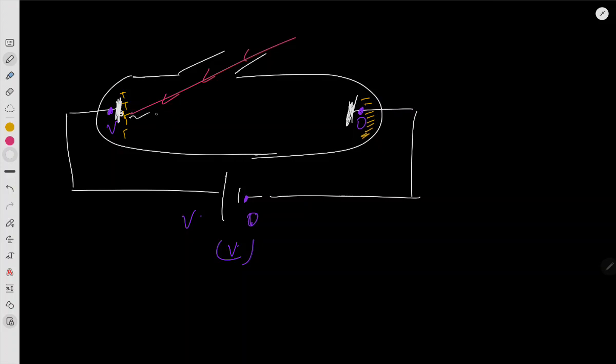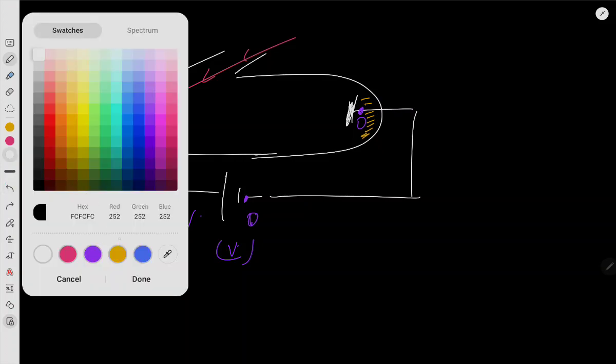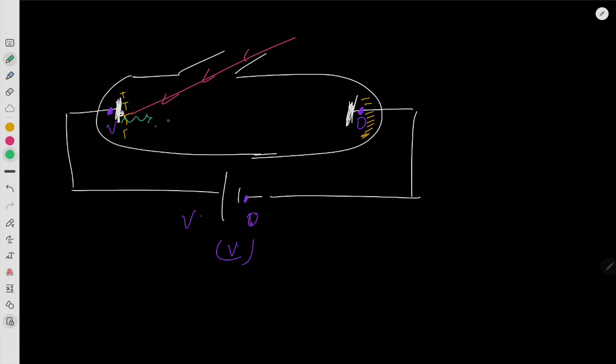From here the electron is ejected out, once again from our original story. It is ejected out over here with this velocity, but then it takes a U-turn and goes over here. But it takes time, because it is going with a velocity, so the velocity decreases, then it stops.